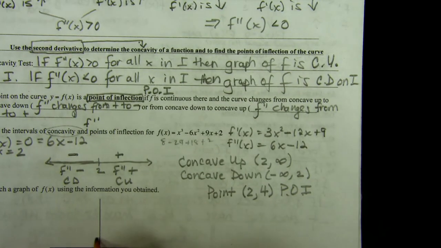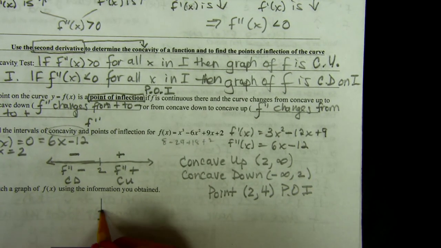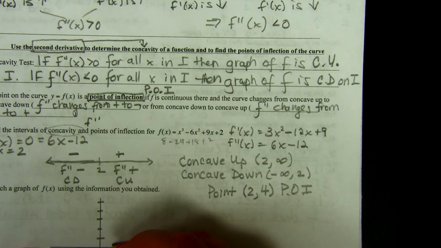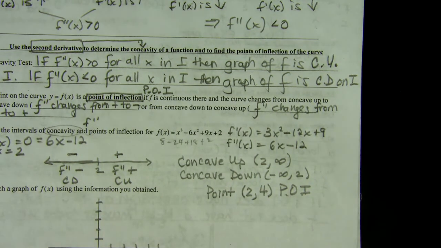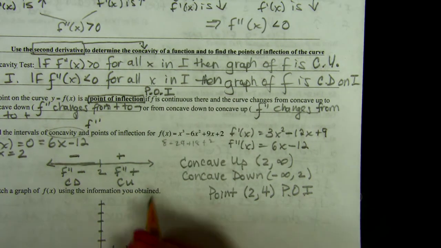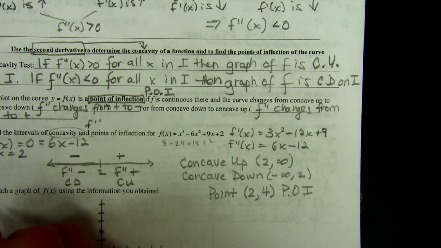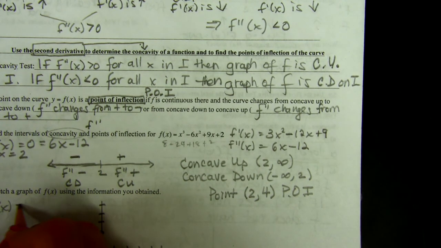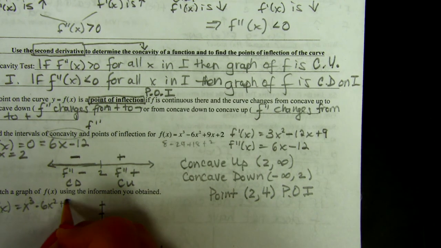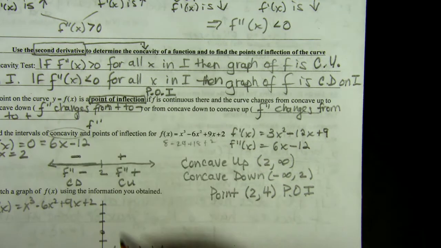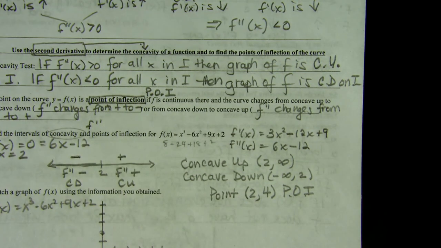So let's kind of sketch this graph. Pretty much all our values are positive values. So this function right here, we know crosses the y-axis at 2. So if I put x equals 0 in there, I get that y equals 2.